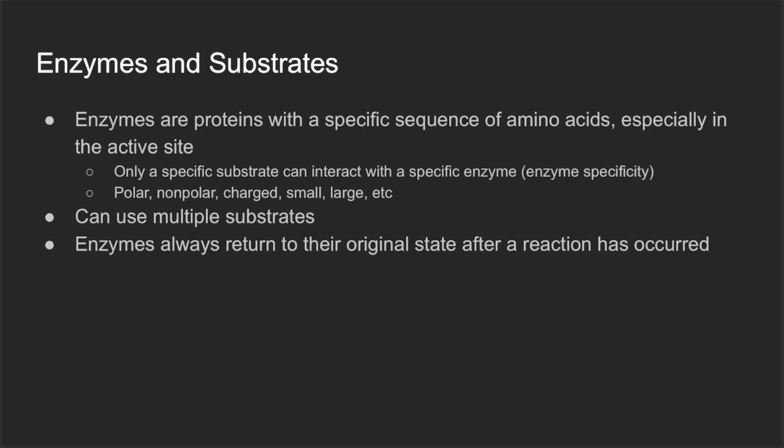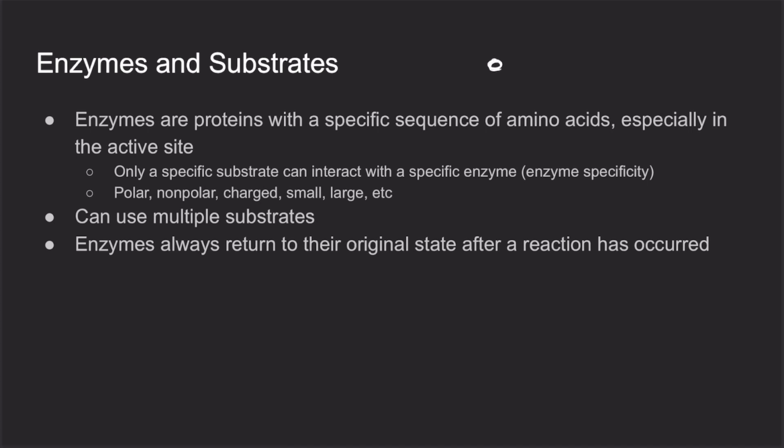Probably not, because they're going to want to repel each other. And remember, our tertiary structure has its 3D shape. So if the 3D shape is not compatible with the substrate, which is dependent on the R groups, then it's not going to bind. You have to have the right enzyme with the right substrate.